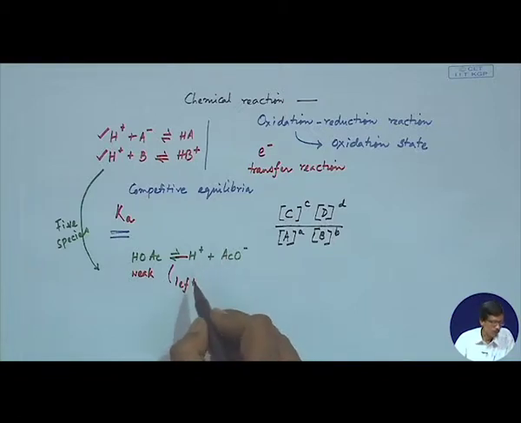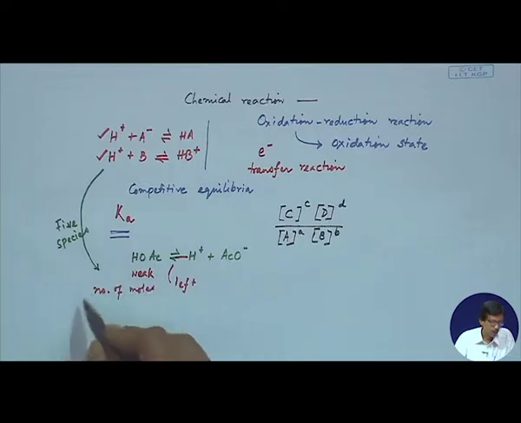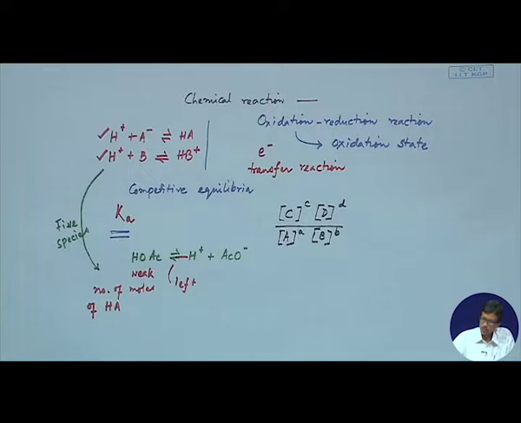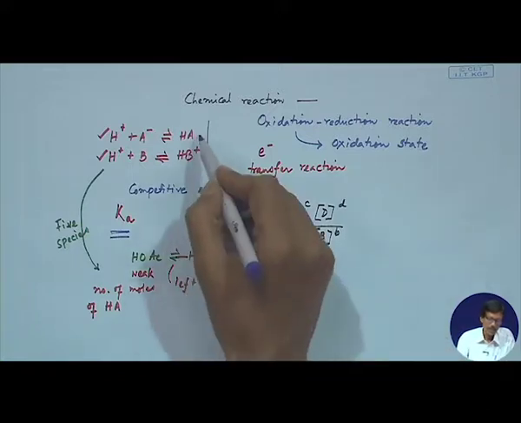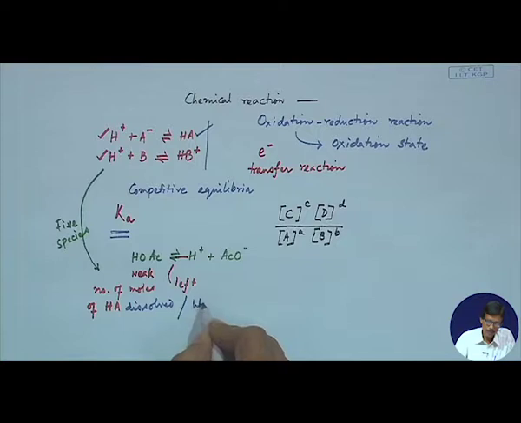So, it is going to the left, and the concentration we are thinking about is the number of moles of this acid, that means the HA. If we consider that this is your HA, the number of moles of this HA dissolved per liter of the solution.